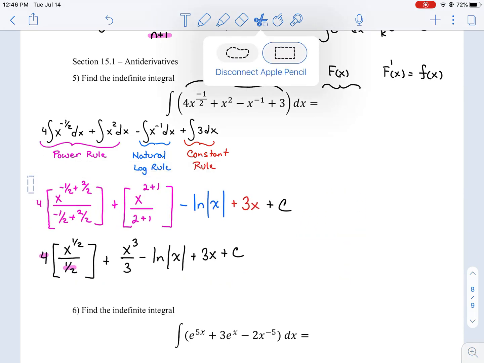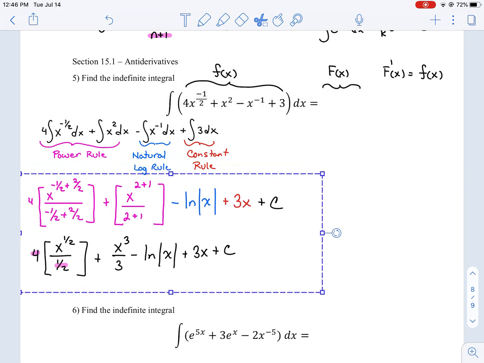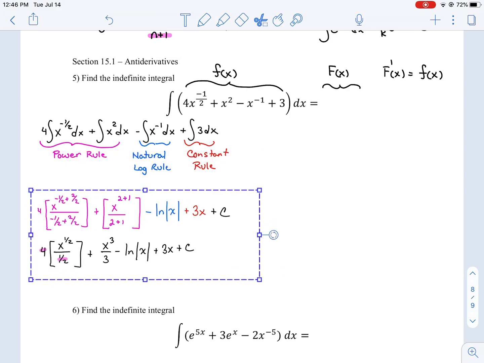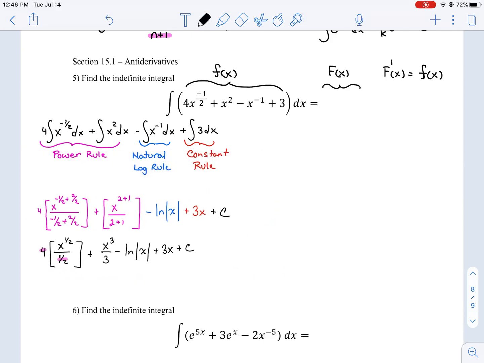So I'm just going to shrink this up a little bit and provide some space. So in this case, capital F of x is going to equal 8x to the 1/2 power plus x to the third power divided by 3 minus the natural log of the absolute value of x plus 3x plus c.